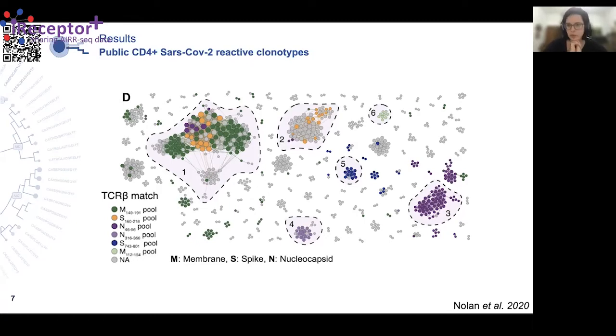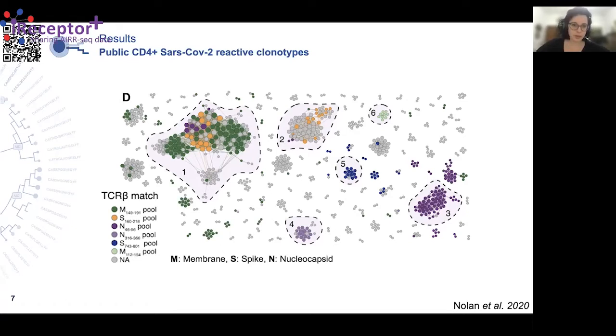Then using the dataset that was also described in the previous talk, this MIRA dataset made by Adaptive Biotechnologies, we were able to identify the specificity of these TCRs. This dataset doesn't give the specific peptide to which the TCRs are reactive, but gives a collection of peptides from a specific protein, something like 5 to 15 peptides per peptide pool. This is what you see with the colors here.